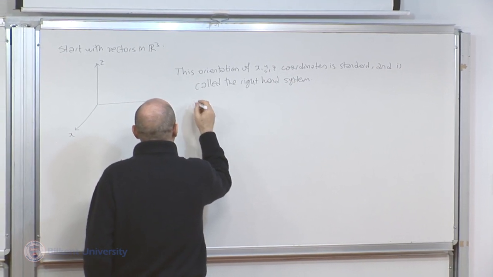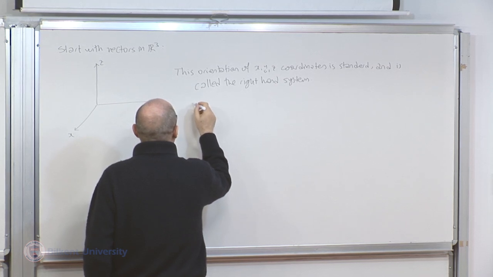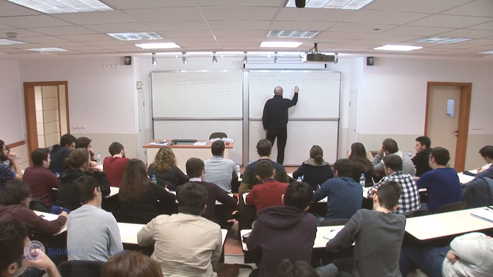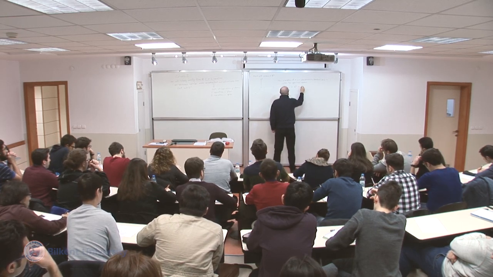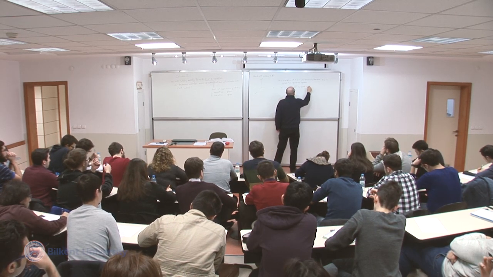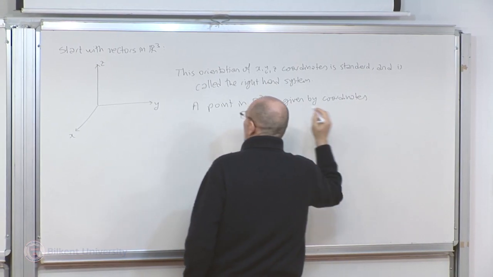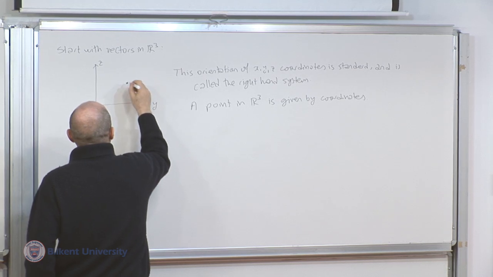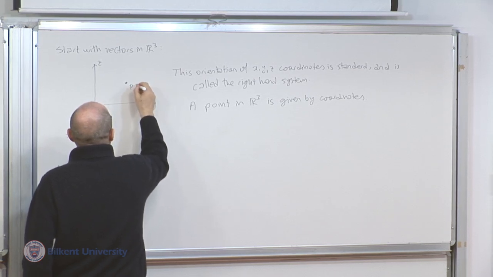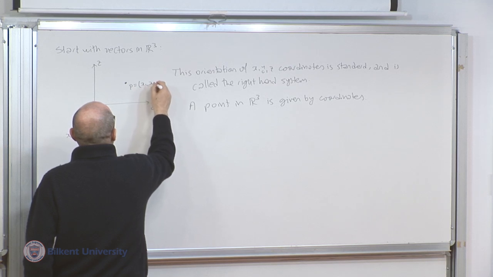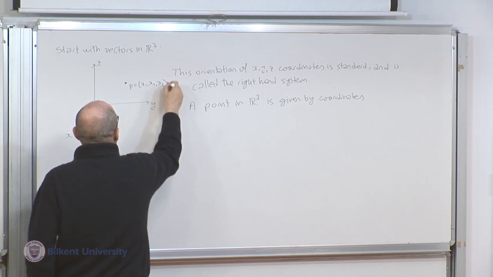Okay, so let us look at coordinates. A point in R3 is given by coordinates. So from coordinates we are trying to get, so suppose this is the point P. Okay, so it has coordinates, say x1, x2, x3.